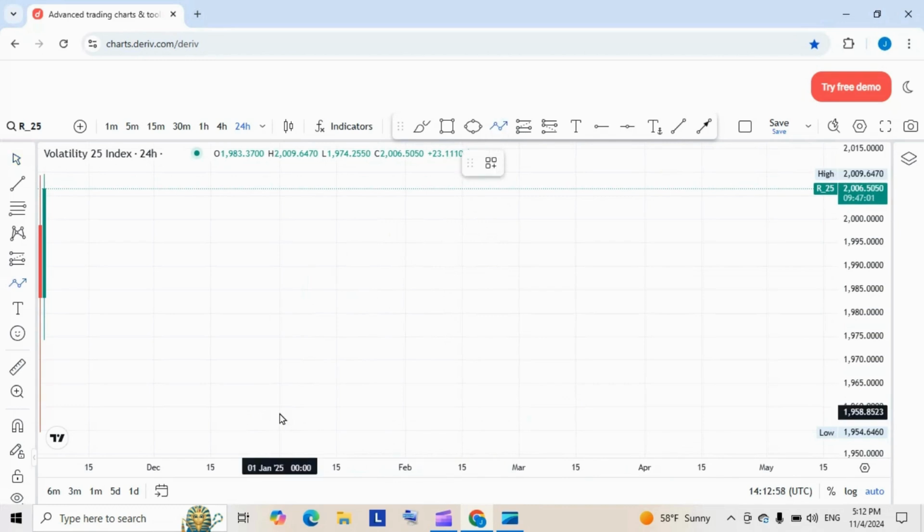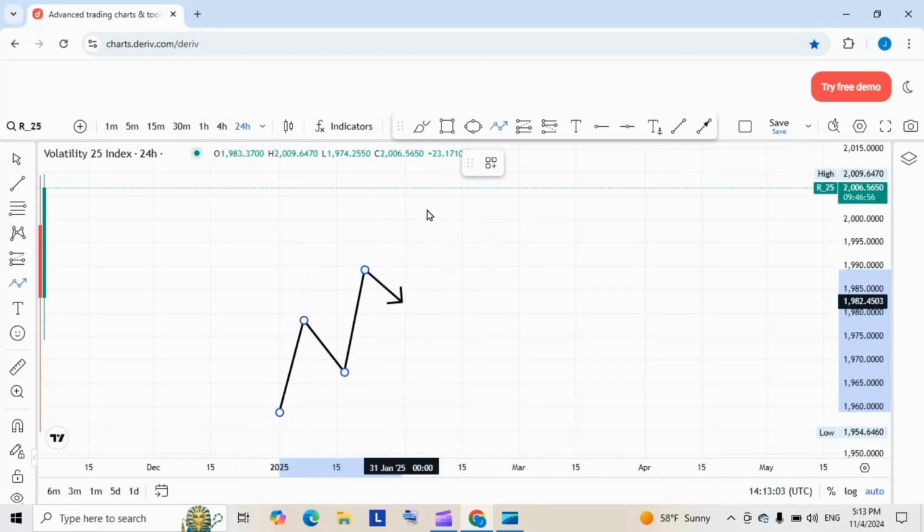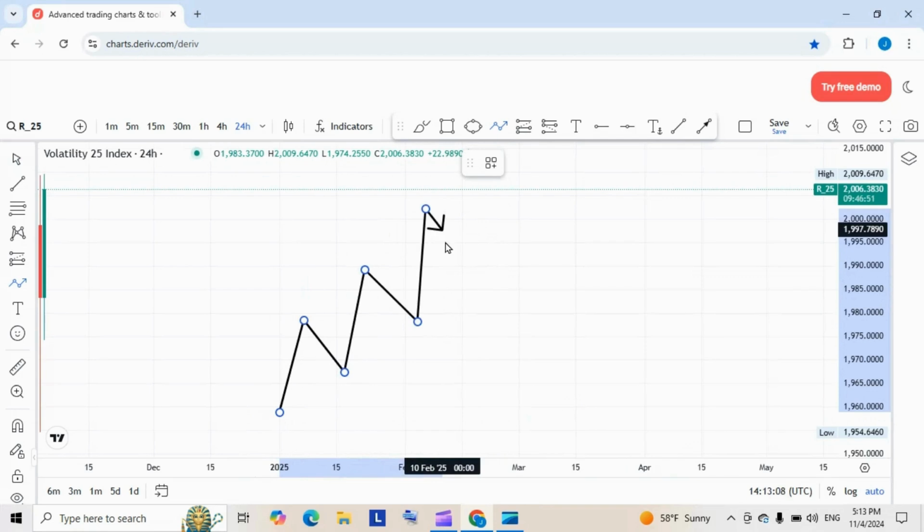We have a higher high, higher low, higher high, higher low, and we have a higher high. So what you are going to notice is that we have a lower low. In order to get this higher high now, this is going to be the shift. To get a new higher high, we are expecting to form a new high. But this is where the current price fails to break this previous high.